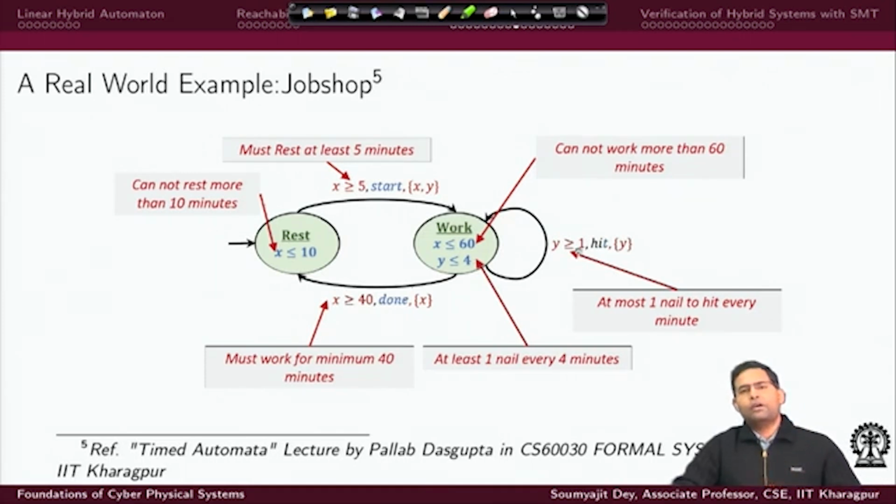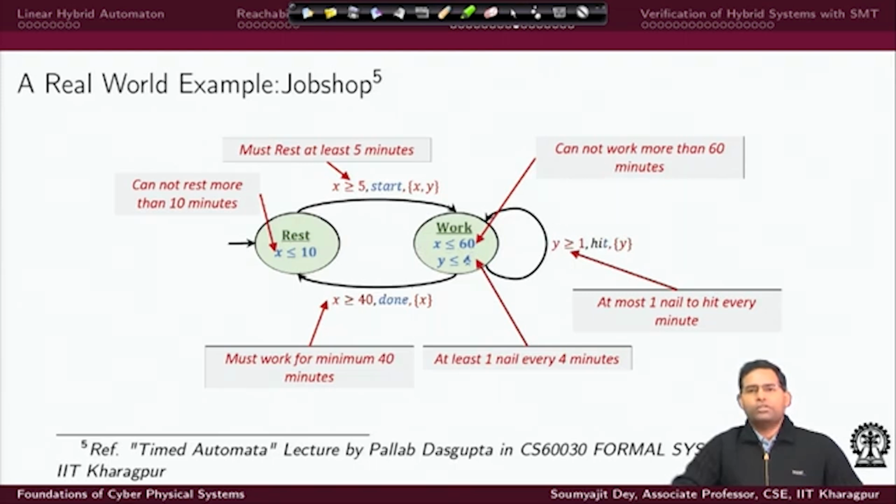So, you do not hammer more than one inside a minute, and at the same time you must hammer one inside every 4 minutes, which is captured in this location invariant. Overall, the person cannot work continuously for more than 60 units of time, in minutes let us say, so you can have an invariant like this here, y less than or equal to 60.